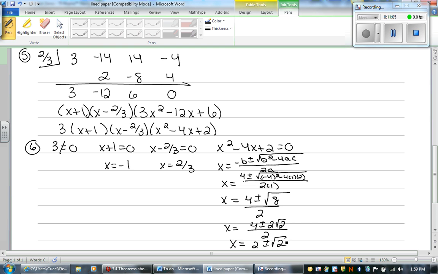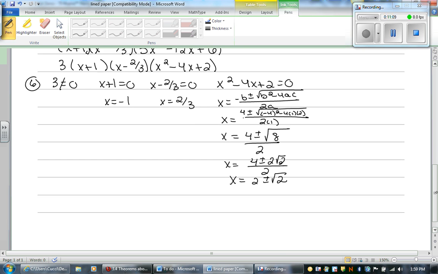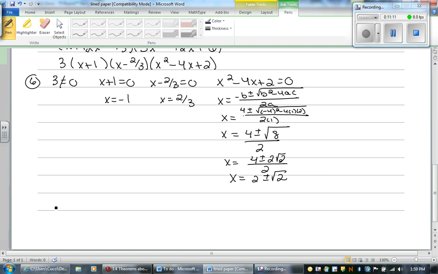Okay? So, by doing that, I suppose we could take it a step further and say my factored form, because I found 2 solutions here, would be x minus 2 plus the square root of 2, and x minus 2 minus the square root of 2.